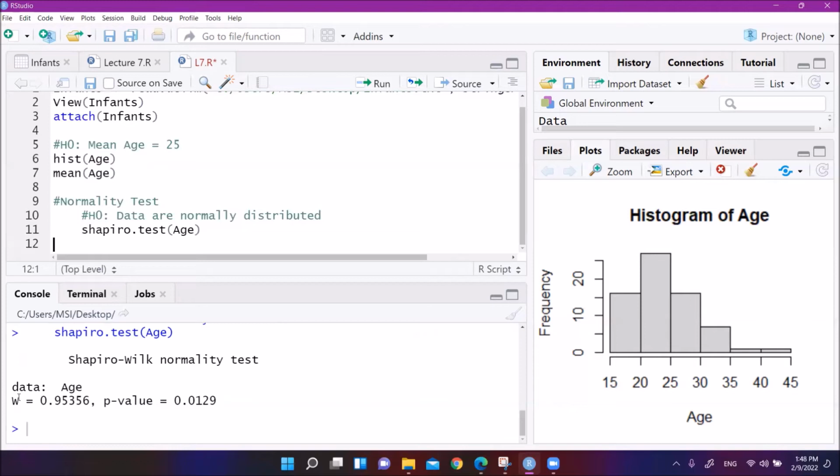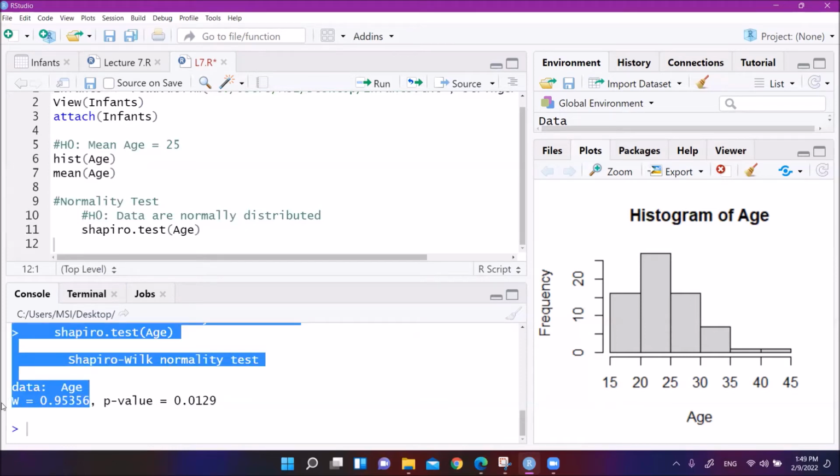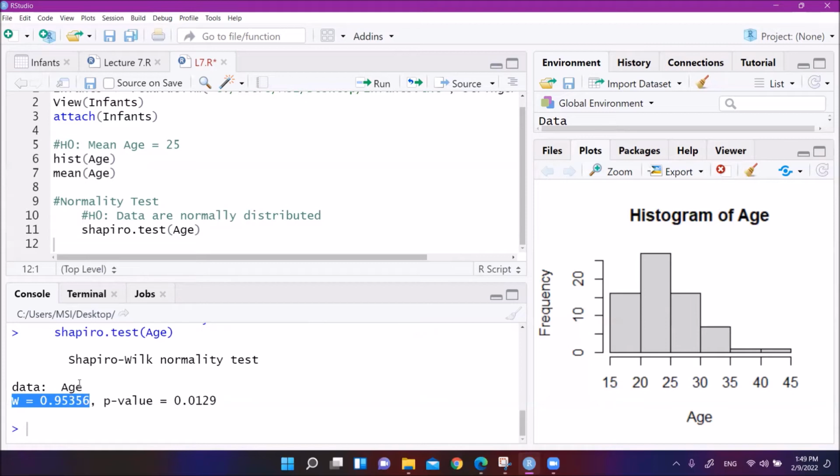This is a test statistic. We don't know how it is computed, but in the normality test a test statistic is computed, and we don't have to worry about that. We are given a p-value. So what is the decision rule based on the p-value in any hypothesis test?